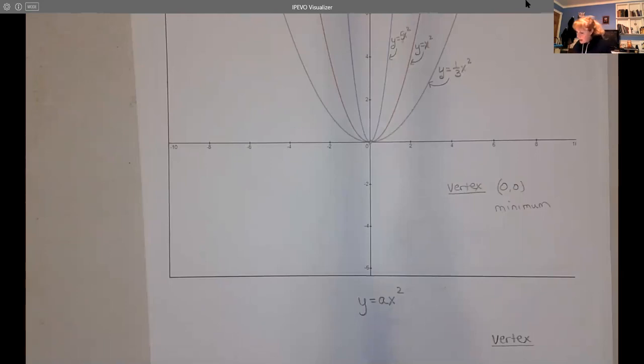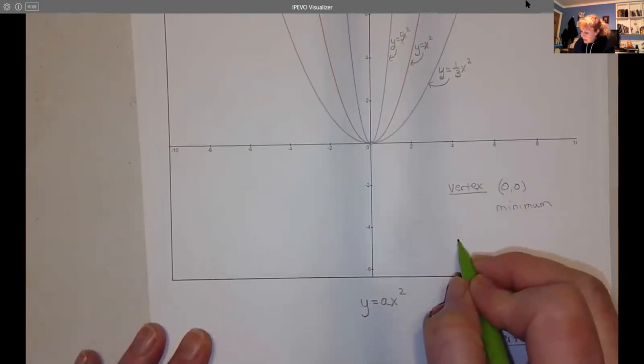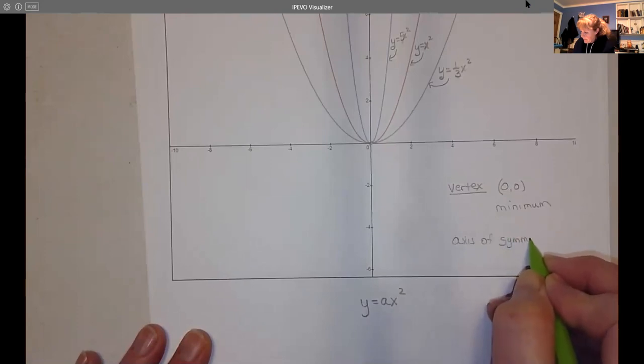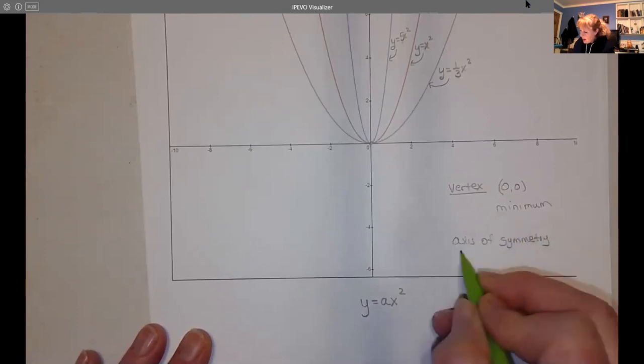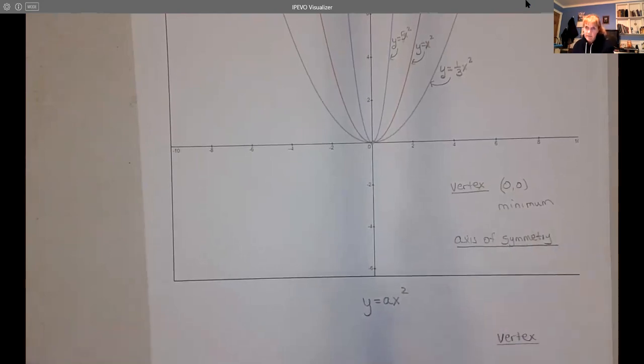All right. The next thing we're going to talk about, before we go on and talk about what the H or the K do, is the axis of symmetry. So each of these parabolas has an axis of symmetry. Now, the axis of symmetry is a vertical line.